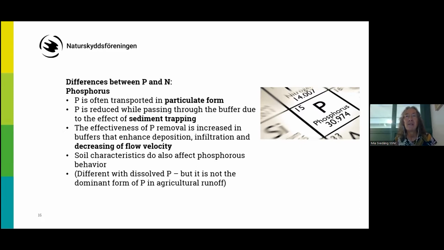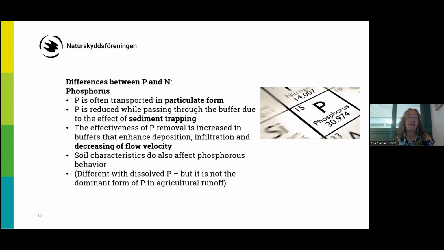So sedimentation is taking place in the buffer zone, and particles with phosphorus are actually falling down on the bottom and are trapped in that way. And the effectiveness of phosphorus removal is increased in buffers that can enhance the deposition and the infiltration, and that are decreasing the flow velocity.